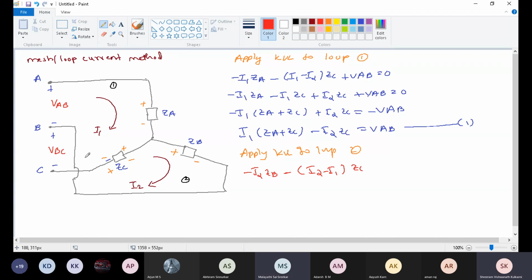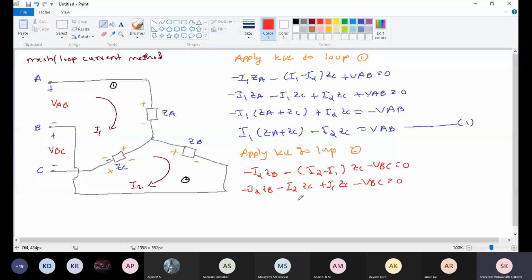Yes, VBC. Minus I2 ZB minus (I2 minus I1) ZC, then minus VBC equals to 0. After simplifying this one, I'll get I2 ZB minus I2 ZC plus I1 ZC minus VBC is equals to 0.